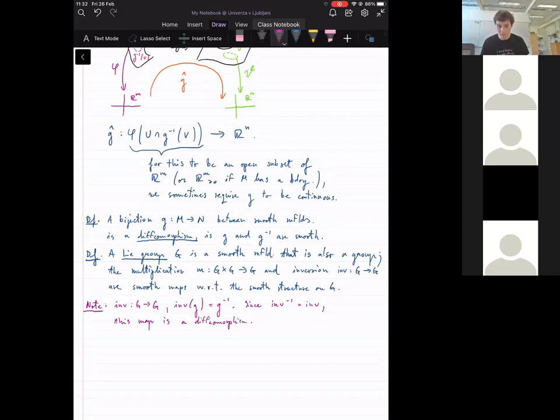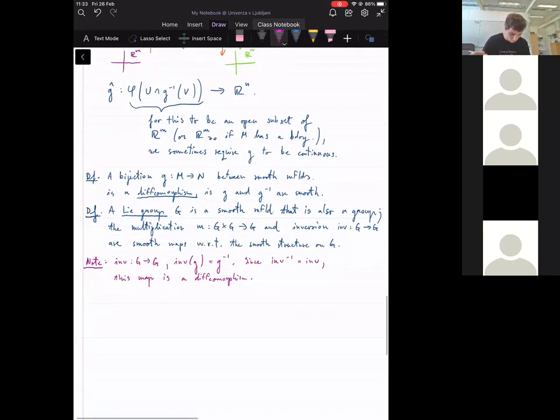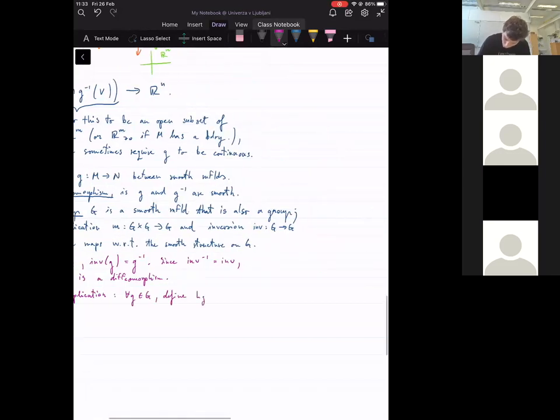So in a Lie group, furthermore, we have left and right multiplication. For any g in G, define L_g as the map M of g comma dot.